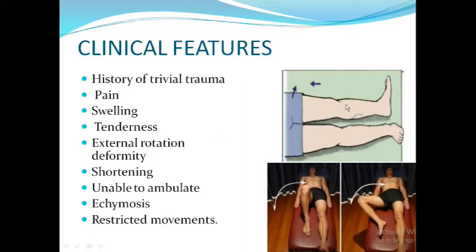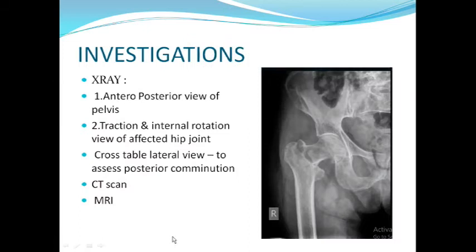Here you can see how this limb is externally rotated. Here in this figure also you can see when there is a fracture, this limb is externally rotated. Okay, there may be shortening, and the patient will be unable to bear weight over the affected limb. There may be ecchymosis, and of course the movements will be restricted.